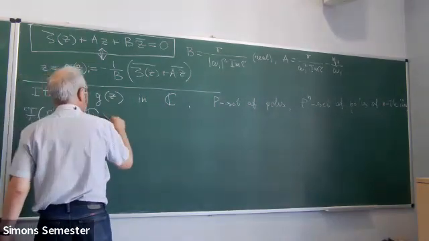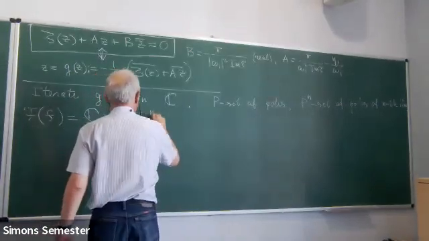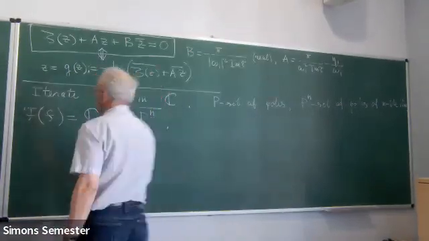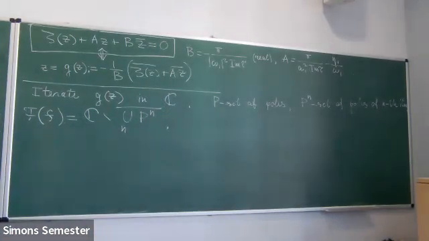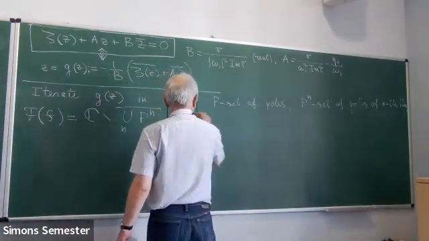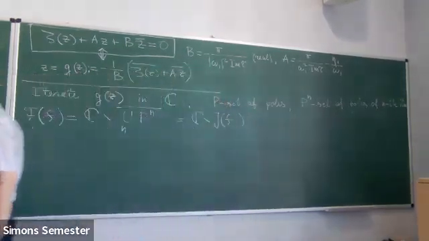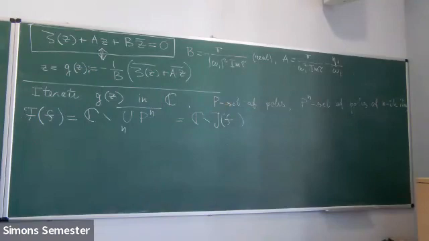It is C minus the union of those P_n. So this is the maximal open set where the iterates are defined. Any questions? The rest is called the Julia set. This is how the Fatou and Julia sets are defined for meromorphic functions.